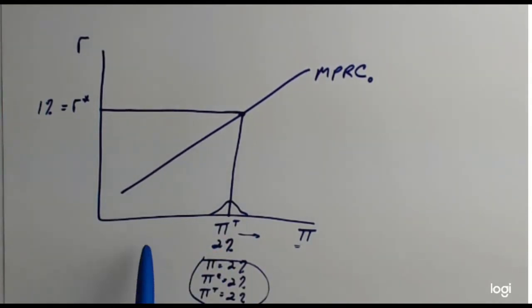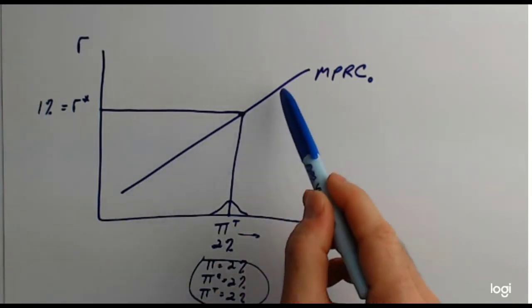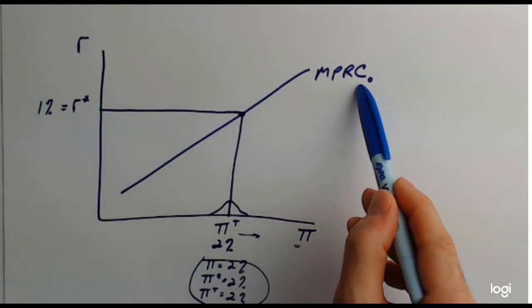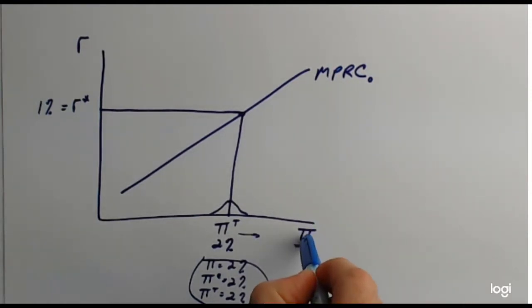The important point is you change inflation, the Fed moves along this monetary policy reaction curve. So it's a reaction curve. The Fed reacts to inflation.